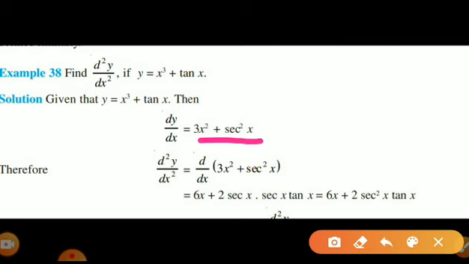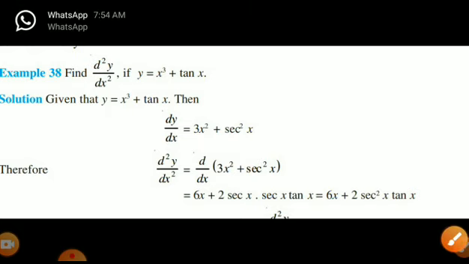So it will be n into x raised to n minus 1. So derivative of sec square x is nothing but 2 into sec x into derivative of sec x, which is sec x tan x. So it should be multiplied with sec x tan x. And hence the answer you will get is 6x plus 2 into sec square x tan x. Clear? That will be your d2y by dx square.